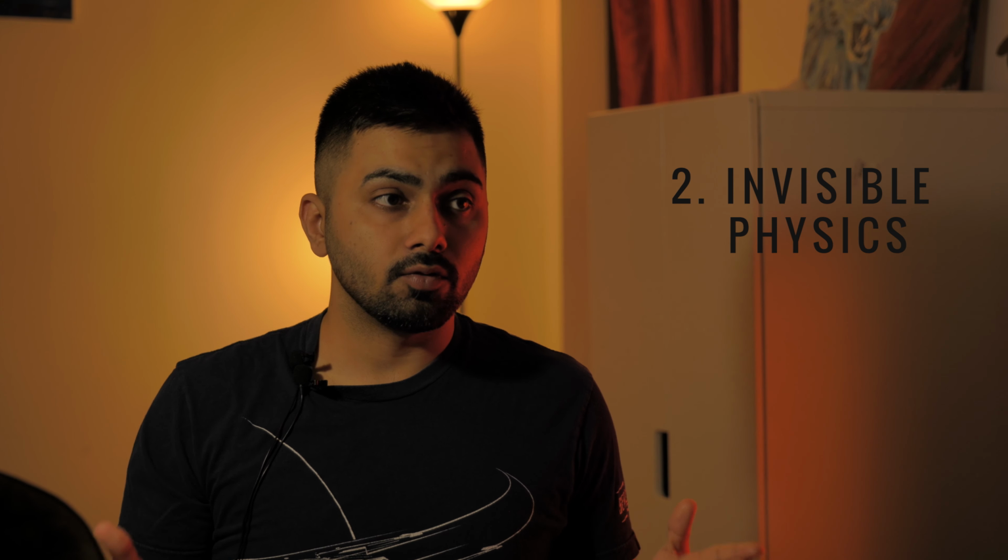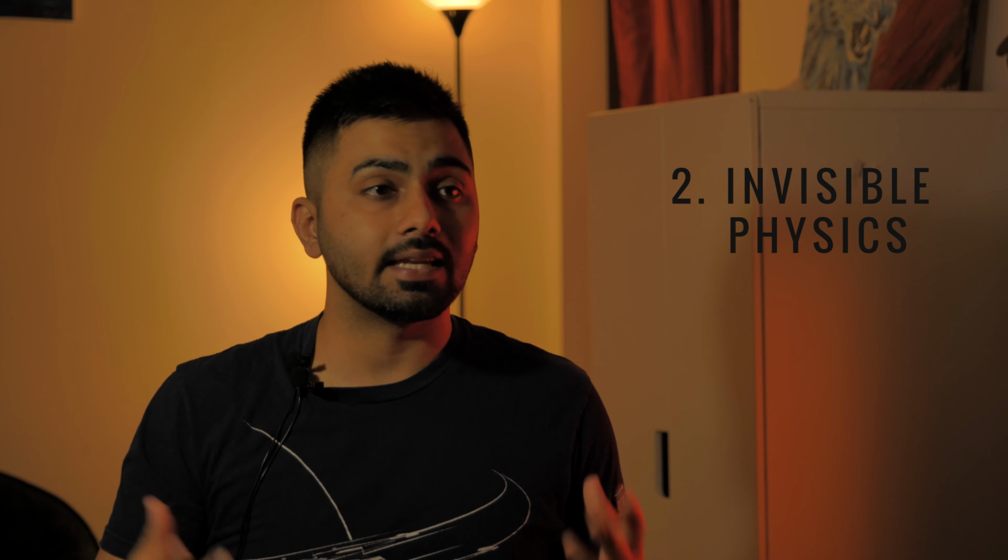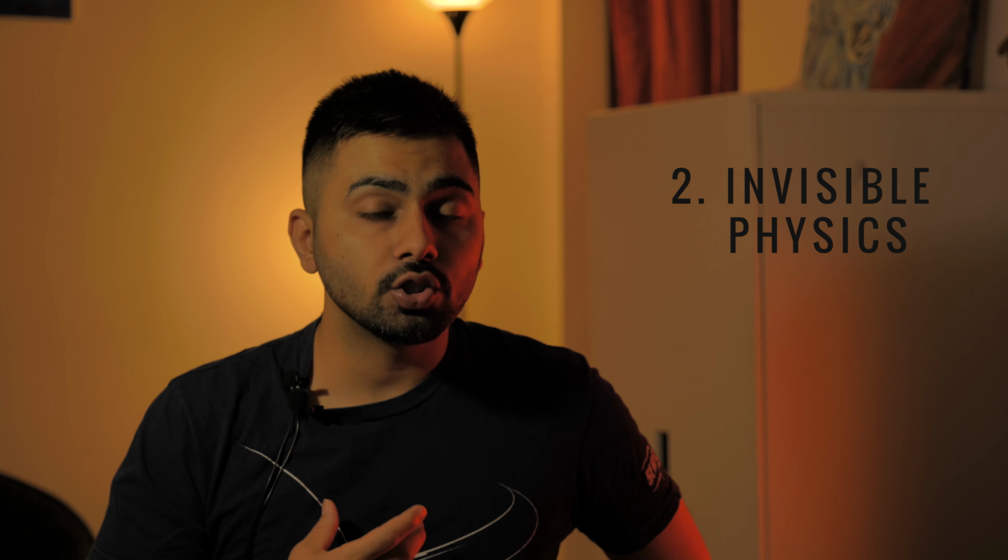My second principle is invisible physics. What is invisible physics? Invisible physics is the things which are happening inside your character, which are not visible in a physical way. For example, the emotions, the behavior, the things happening inside your character.